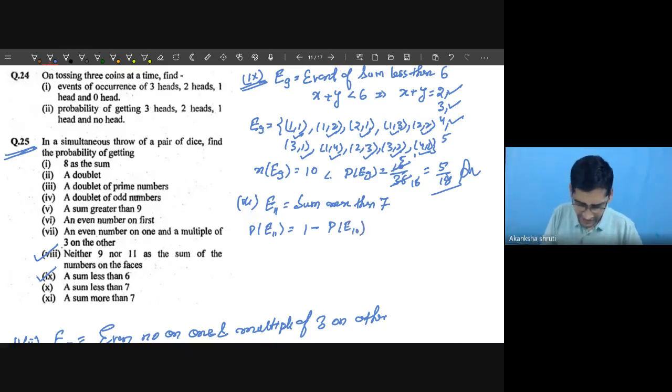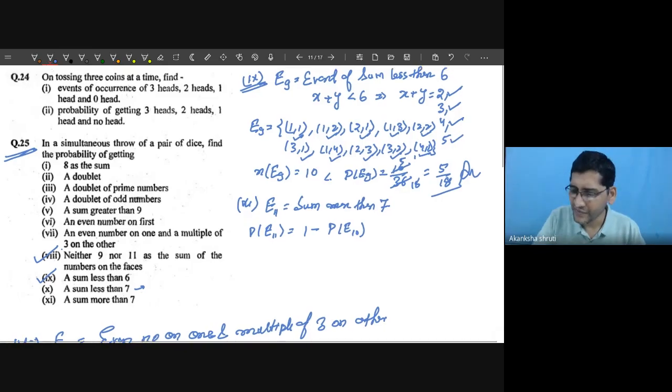In 10, you might have calculated that. How was this? In this case, you need to count one more, means even up to the 6 you also need to count. So whatever in 9th you have taken up to the 5, if you are taking one more up to the 6, just extend it.